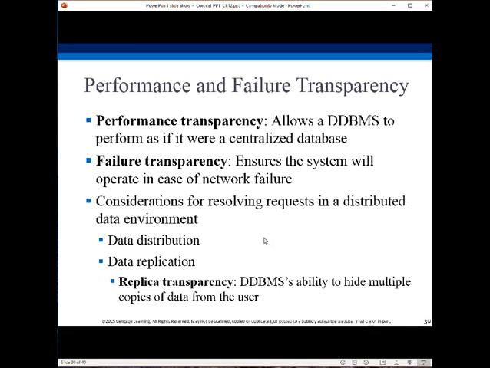I make a change to my page in Washington, D.C., and we don't have immediate consistency. Well, it may be a couple hours or longer before my page in Redmond is updated. Not a big loss, but it's not complete performance transparency.